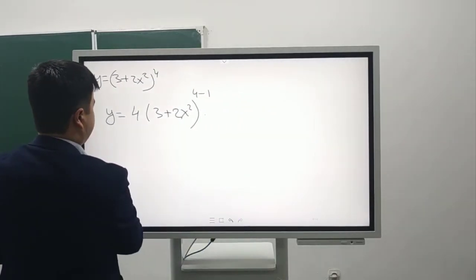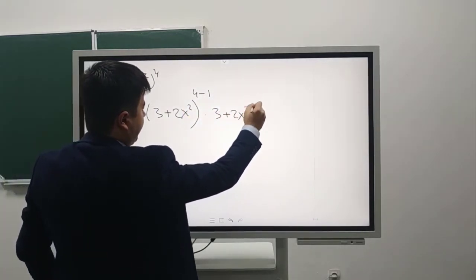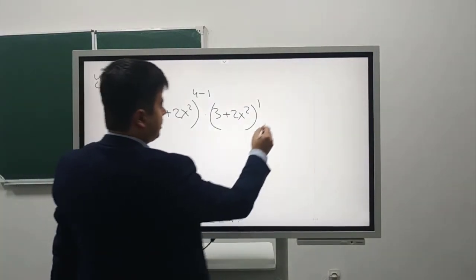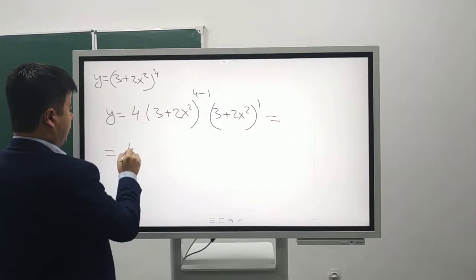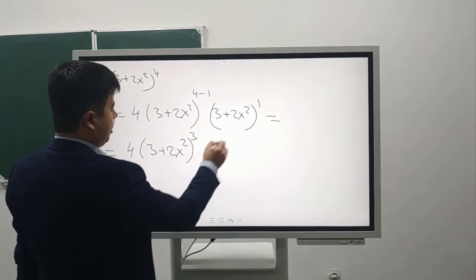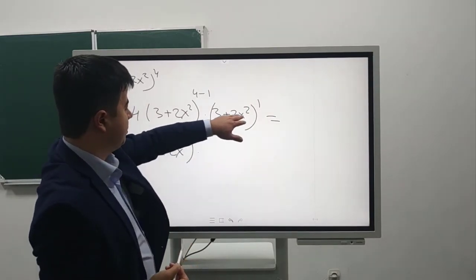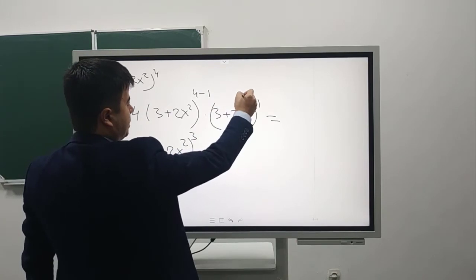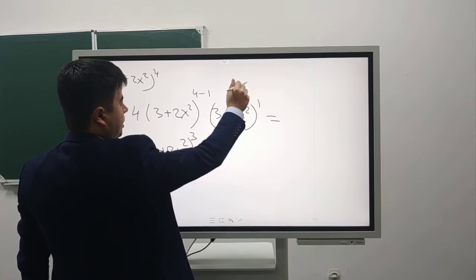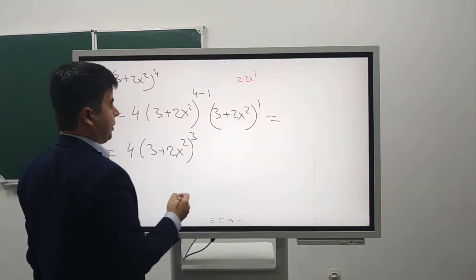Okay, now g prime of x is the derivative of 3 plus 2x squared. So now it is 3 plus 2x squared, cubed, times, here we have just a sum of two functions now, and we get 0 plus the derivative of 2x squared, which is 2 times 2x, so it is 4x just.